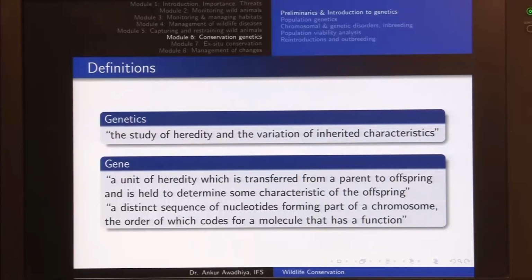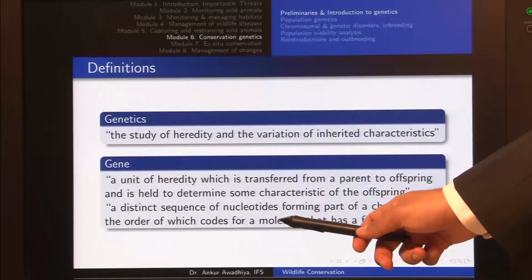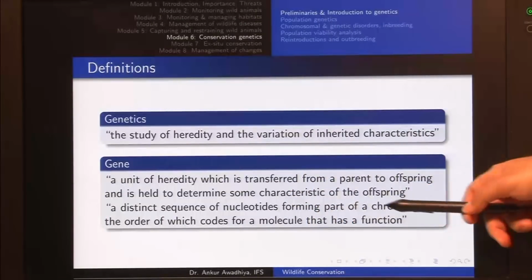Now in strict biological terms we could even say that a gene is a distinct sequence of nucleotides forming part of a chromosome, the order of which codes for a molecule that has a function. So when we say that there is a gene for height, how is this gene impacting the height of the organism? This gene would be a sequence of nucleotides. And where is it located?